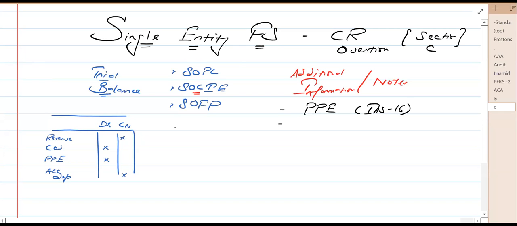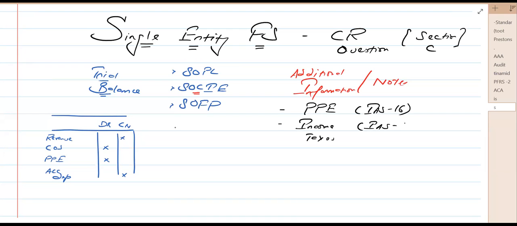Then a regular adjustment on income taxes. That is from IAS 12. So we do not see a final account question without these; these are always tested. You never see an exception. You always see IAS 16 over there. You always see IAS 12 over there.